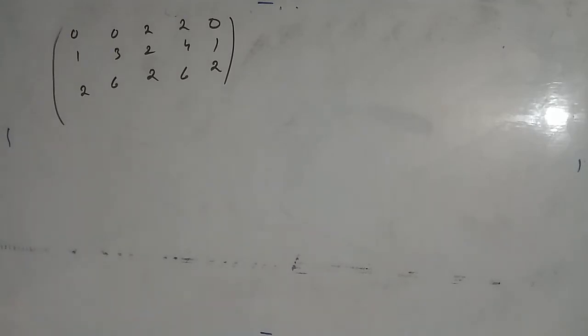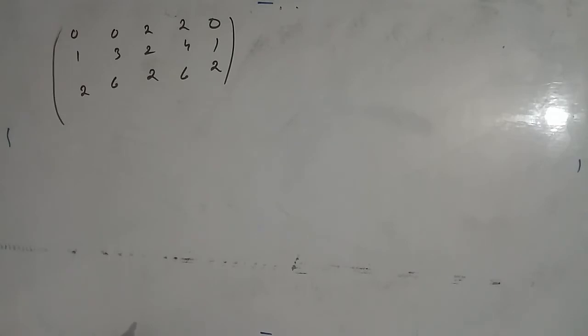Okay, so we know that in a row reduced matrix the first element of each non-zero row is 1, that is, the leading element will be 1. So here you can see that the leading element of the first row is 2, so we have to make the leading elements of each row into 1.